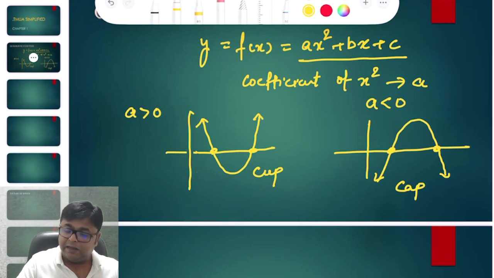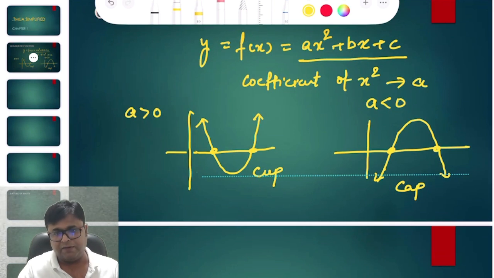Every other point on this curve, an ordered pair (x, y), is just a solution of this function, right? So roots are specific values of x where y is 0, or you can say roots are those values of x where the curve intersects with the x-axis, right? So this is very important.